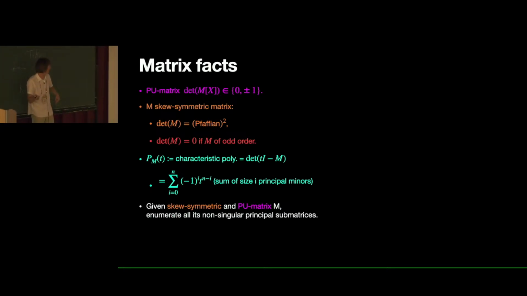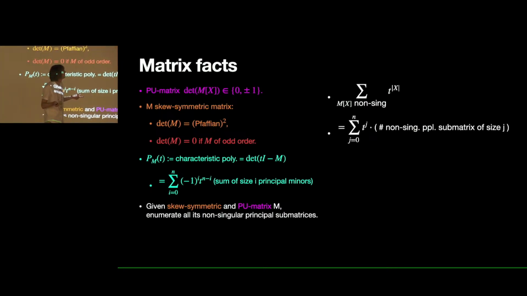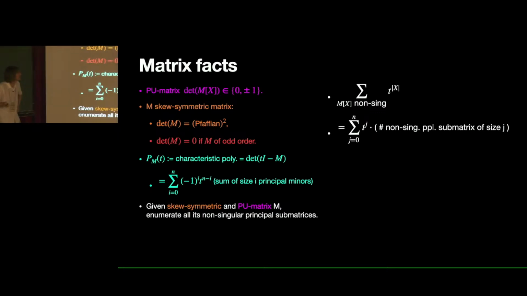So our problem is we've got this skew-symmetric PU matrix, and we want to enumerate all of its non-singular principal submatrices. So we want to find this generating function up there. I can just rewrite this. I haven't really done anything, I've just changed the expression into a sum: t^j times the number of non-singular principal submatrices of size j.